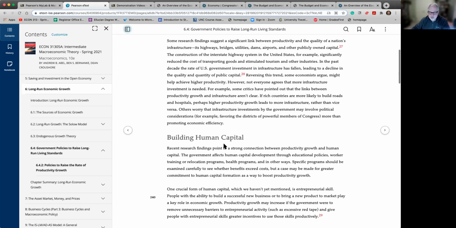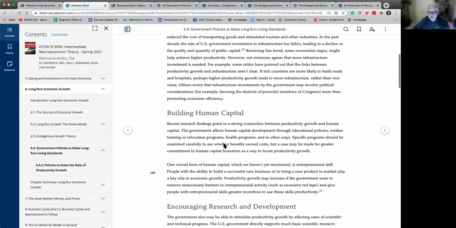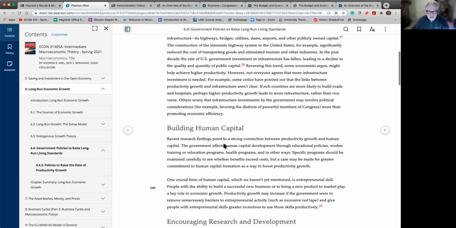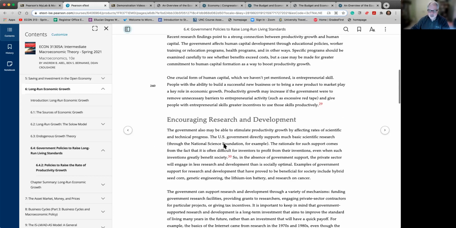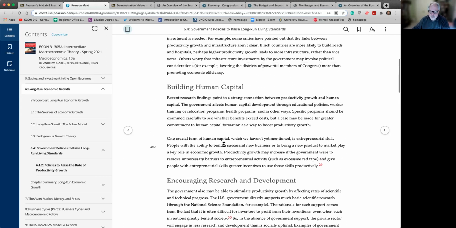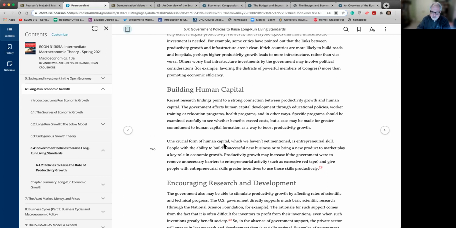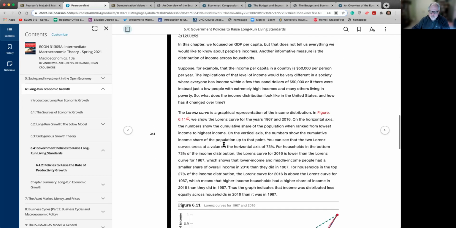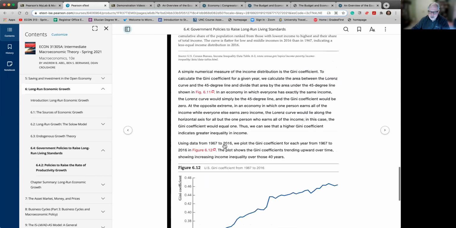Another is building human capital: education, college education, K-12 education, higher literacy rates in countries, and encouraging research and development. All those things lead to more output being produced with the same amount of labor and the same amount of capital, which is what we mean by productivity overall in the economy.